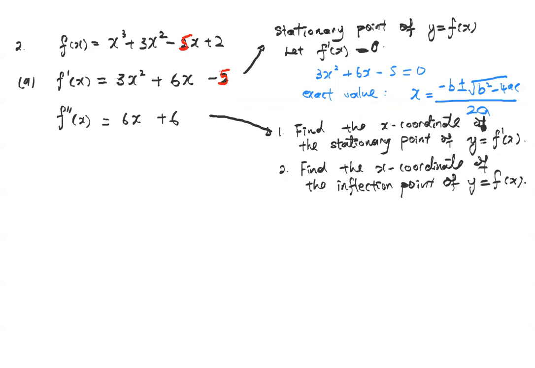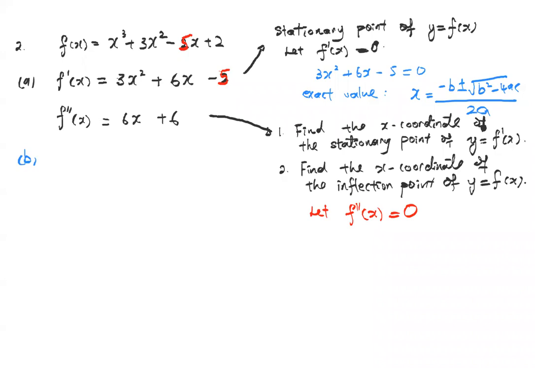Both you are using the same method. What method? Let f double prime x equal to 0. So now, this will help me to do part B. Am I right? So I will do part B manually for you.